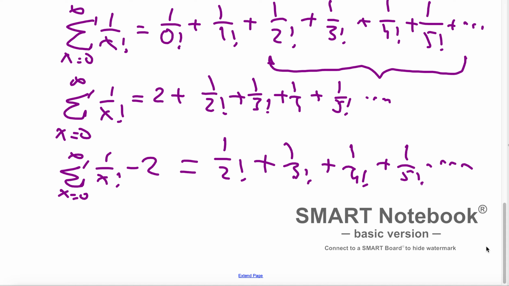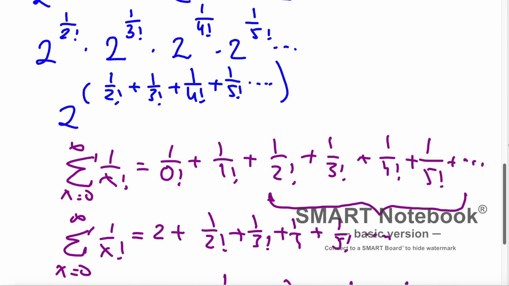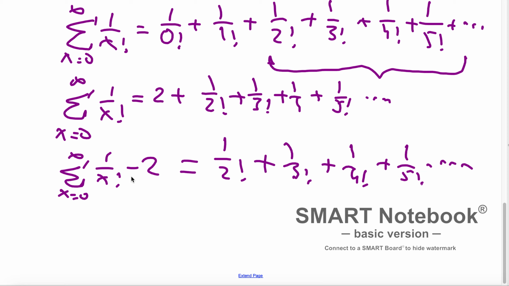But now in this expression, instead of 1 over 2 factorial and so on, I am going to substitute this form here. I have a right to substitute according to the transitive property.